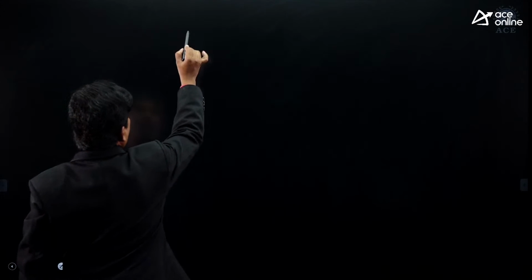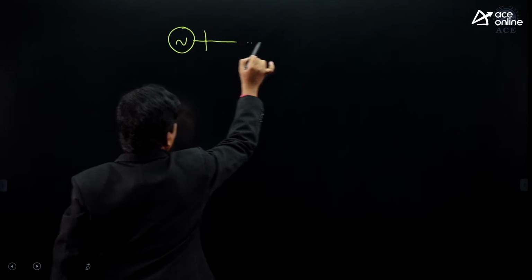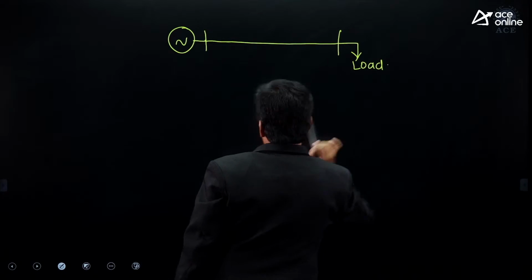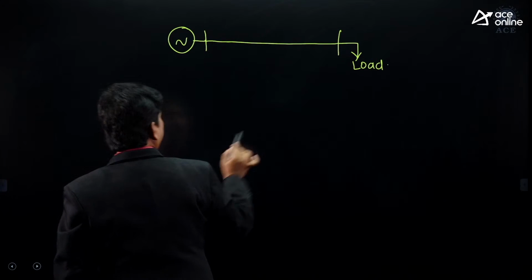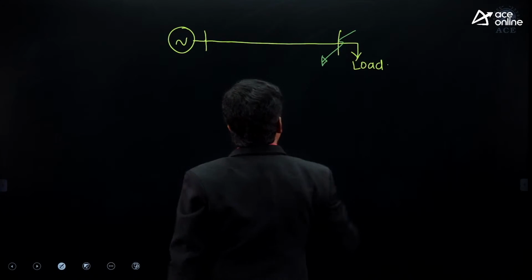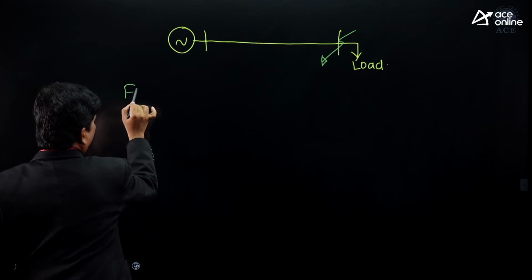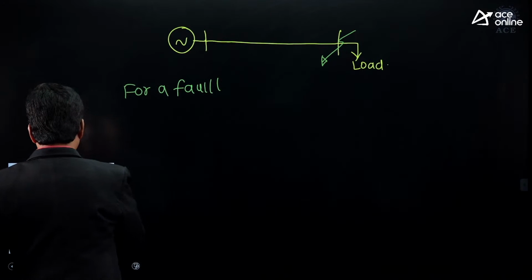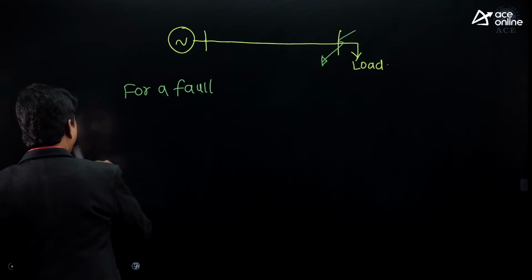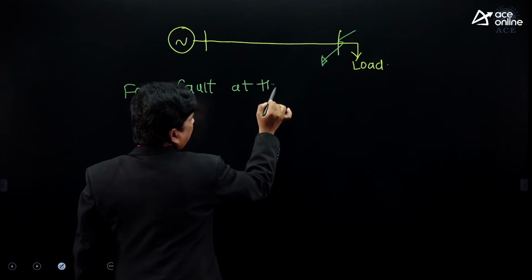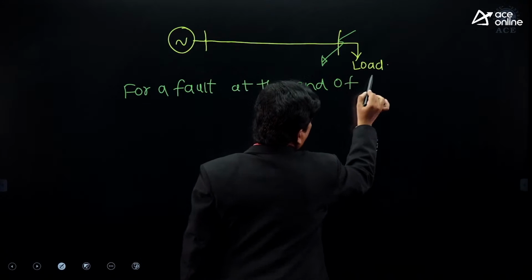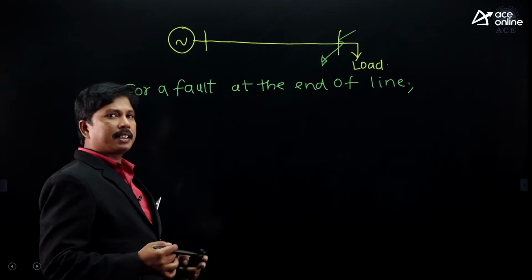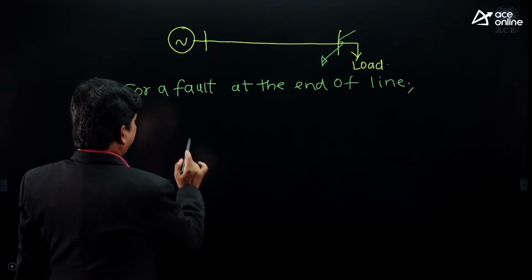So if you see, whenever we have a power system network like this, here is the load. Whenever a fault occurs at the end of the transmission line, these are the conditions.